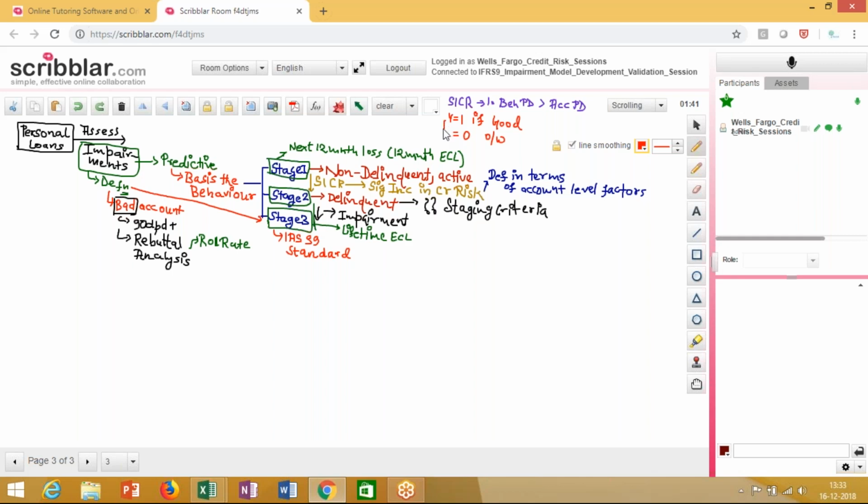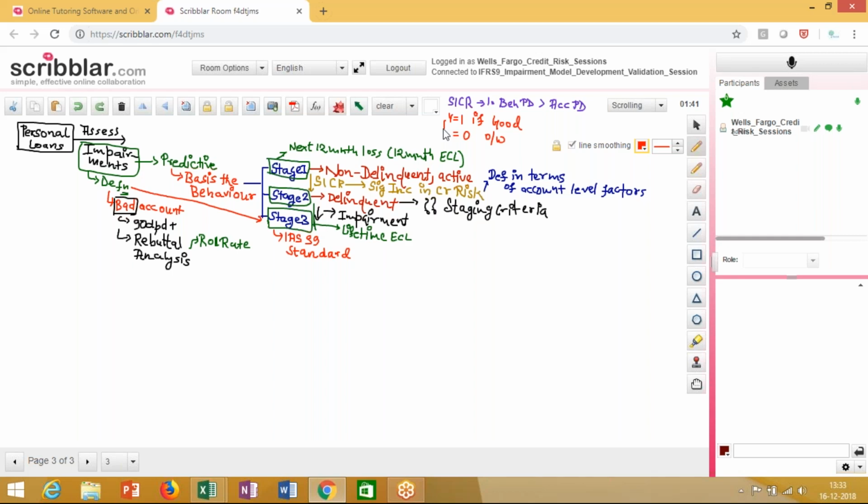So what I do is I estimate the probability of y equals 1 using some model over here. Now the probability of y equal to 0 is the probability of being bad, and this is my acquisition period.